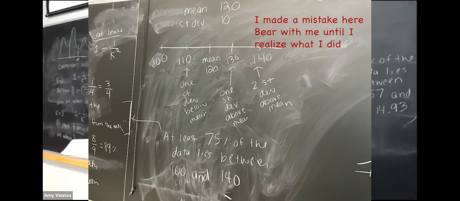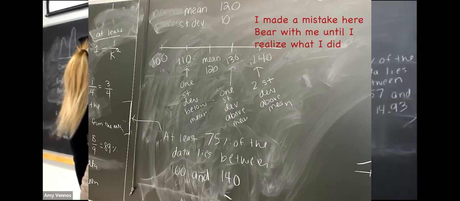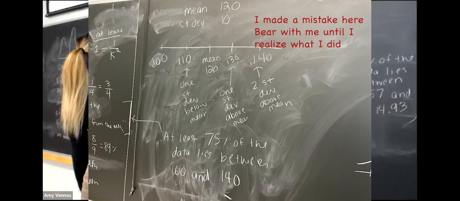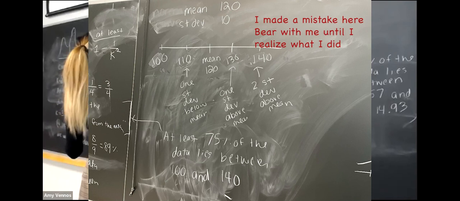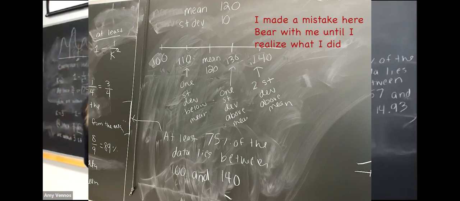Okay, well, let's just add first. If we do 120 plus 2, which is our standard deviation, we get 122, right? So this is 1 standard deviation away from the mean. We can also add 2 again, 124. Now we're at 2 standard deviations above the mean, right? If we go below, we get 118, I think, yeah. Sorry, but what are you doing between each one? So this is the mean, right?